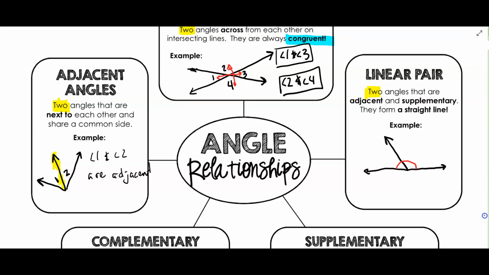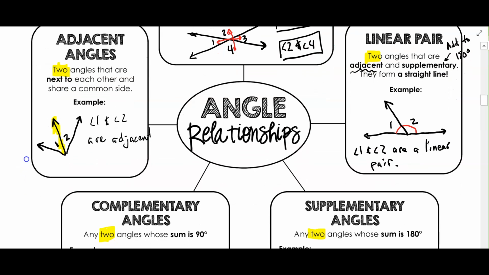So angle 1 and angle 2 are adjacent angles and they're supplementary. Just a little preview: they add to 180 degrees. So we would say angle 1 and angle 2 are a linear pair. And we're going to do lots of stuff with linear pairs.